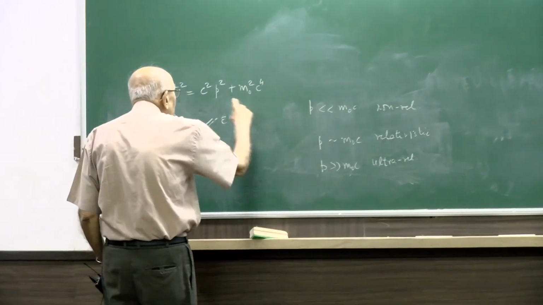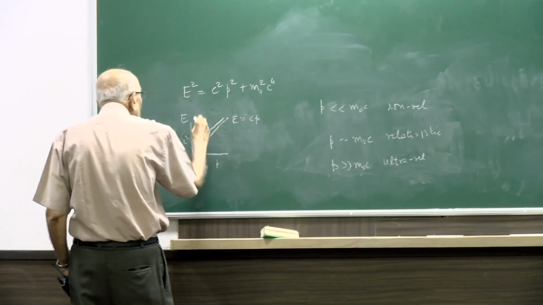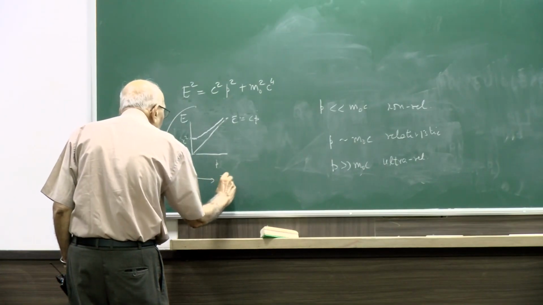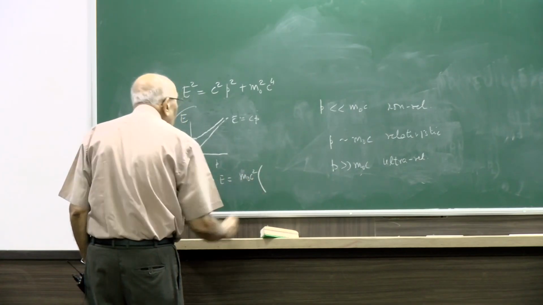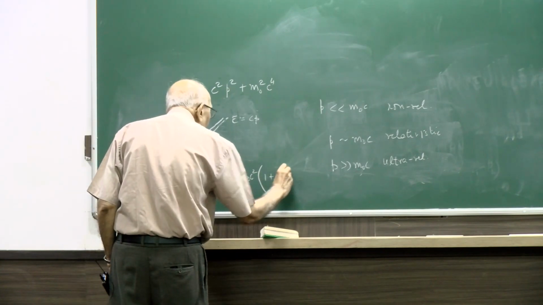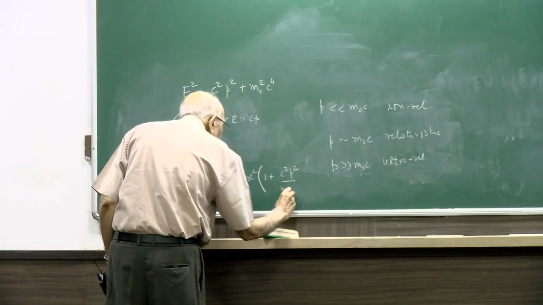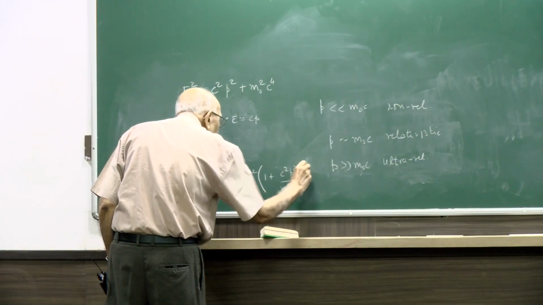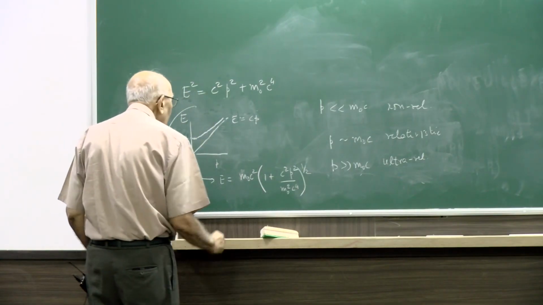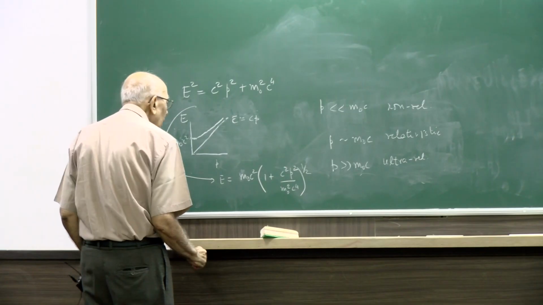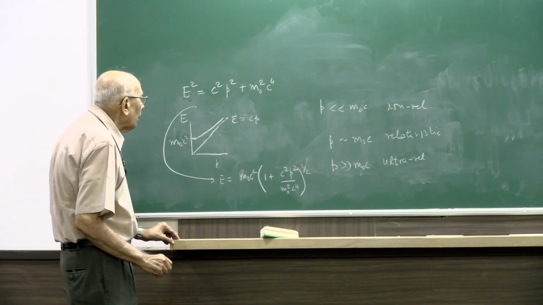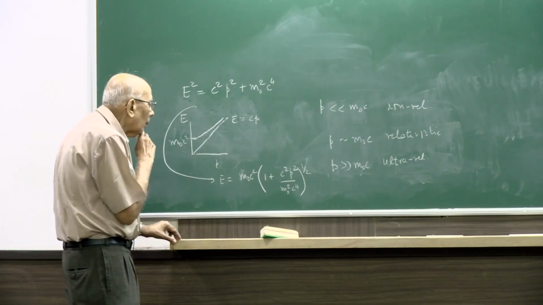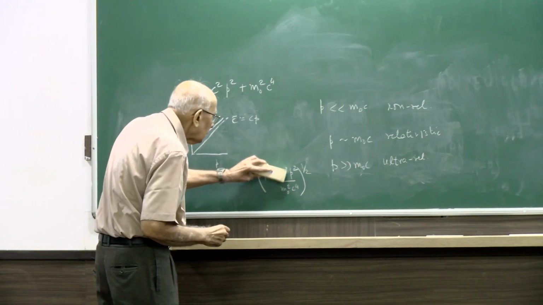In this regime, this term is very small compared to that. So I take out an m naught c squared. So c squared cancels.